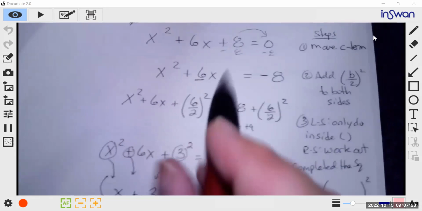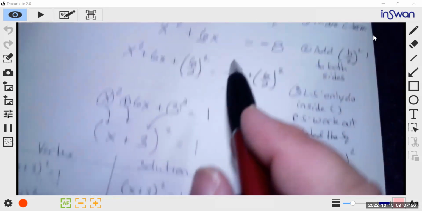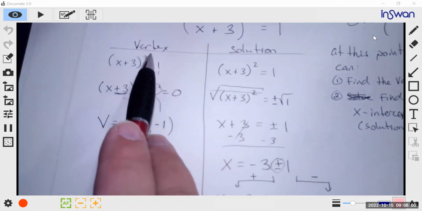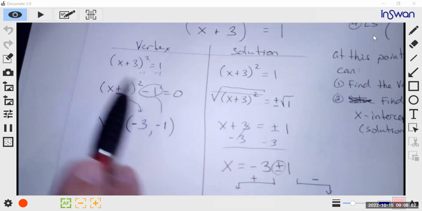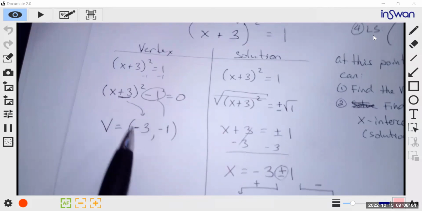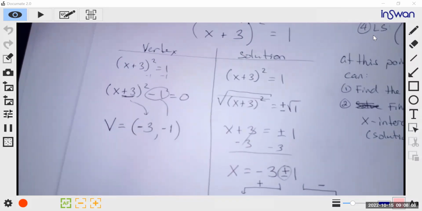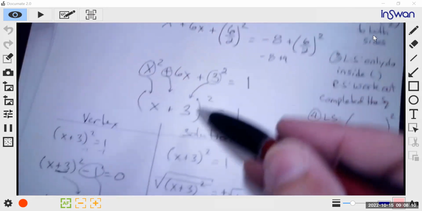Remember earlier, we had this equation. We worked it out using complete the square, and I said we could either solve it or find the vertex. We went and put it on one side, said equals 0, and there's the vertex form. We found the vertex is -3, -1. That's going through the complete the square method.